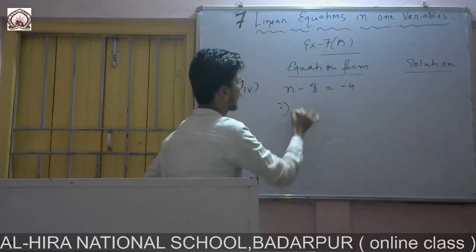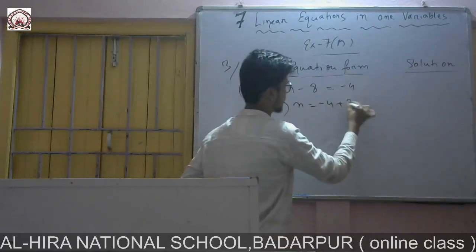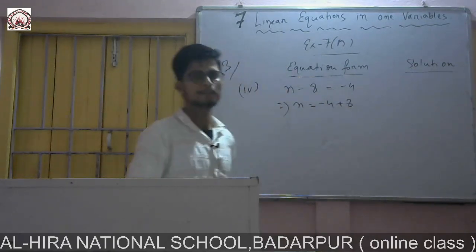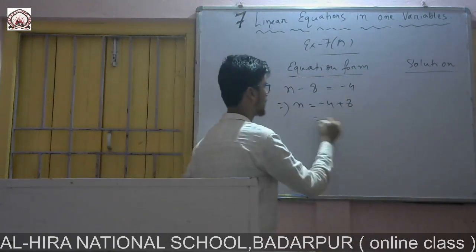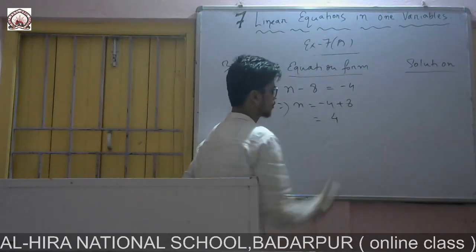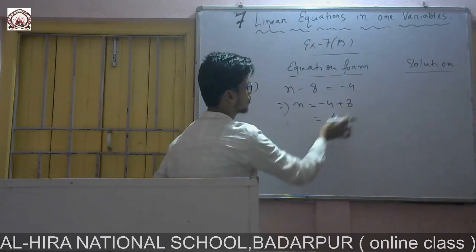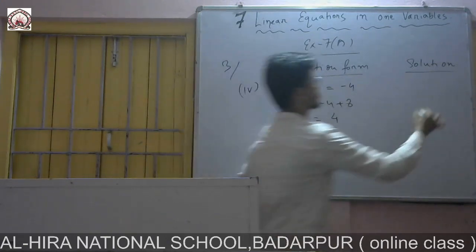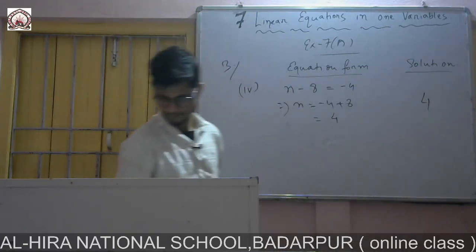Okay, let me do. n equal to minus 4 plus 8. Minus plus it is minus. 8 minus 4 is 4. And since 8 is greater, it will be positive 4. So solution will be 4.